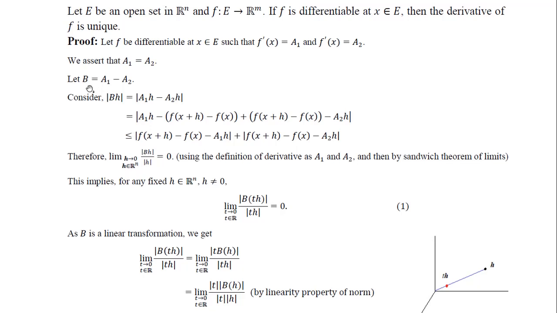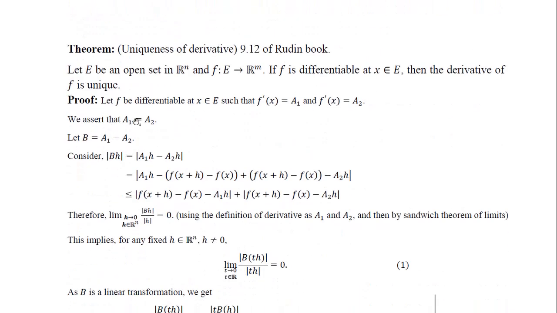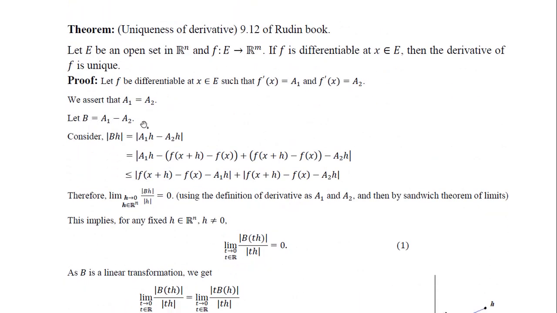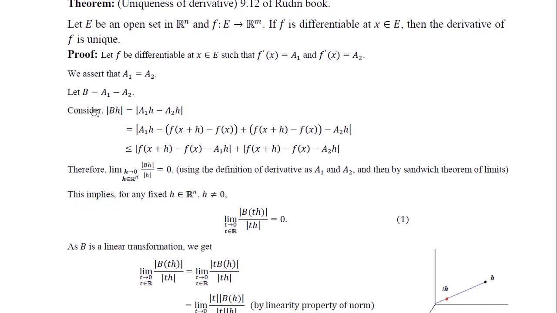Now our target is to prove A1 is equal to A2, so in terms of B the target becomes that we will prove that B is equal to 0. 0 means the zero linear transformation, because we are going to compare B as a linear transformation to another linear transformation which is part of L(Rn, Rn), the set of all linear transformations from Rn to Rn, from which we are considering B and comparing with its 0 element. So we have to prove that B is equal to 0 as a linear transformation.